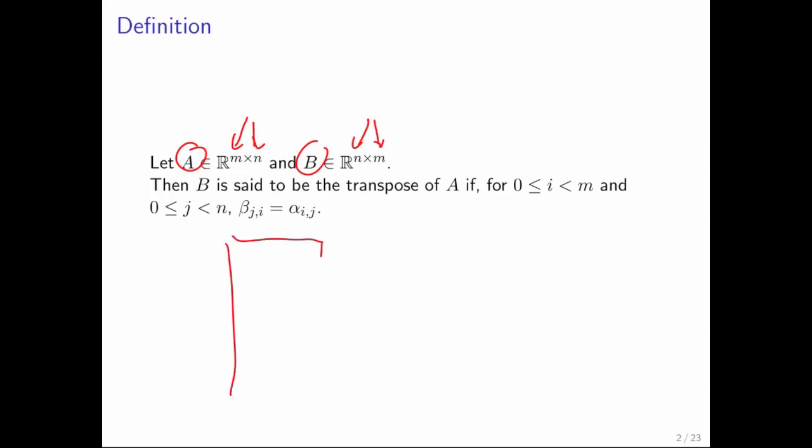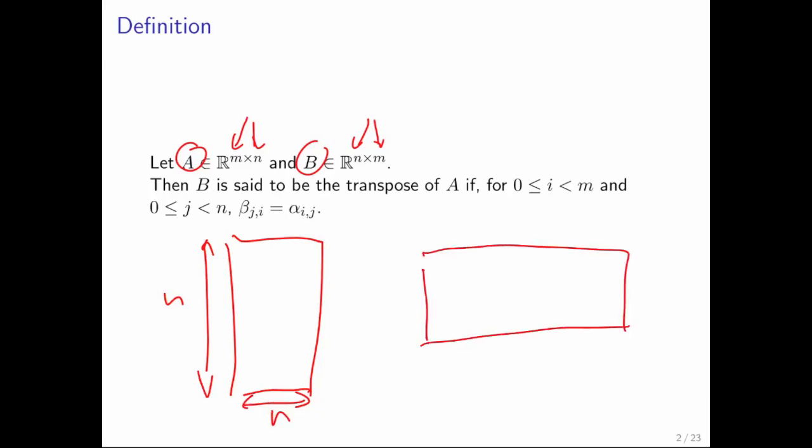A may be like this, where this is m and this is n. And then B looks like this, which is n by m. B is said to be the transpose of A if the ji entry of B is equal to the ij entry of A.